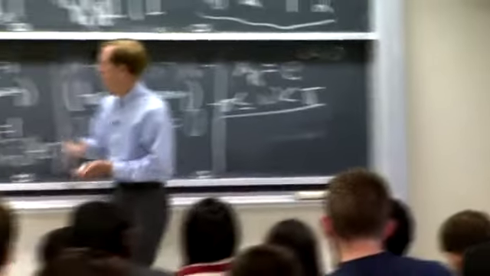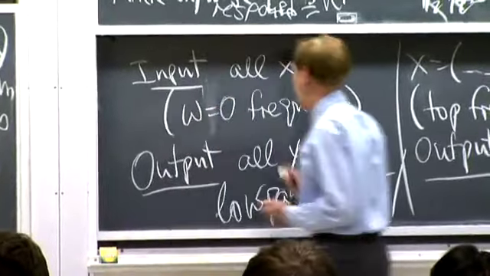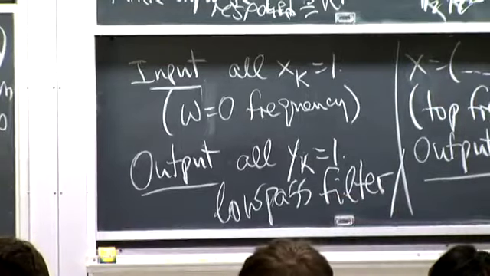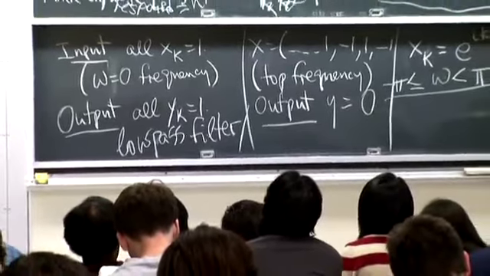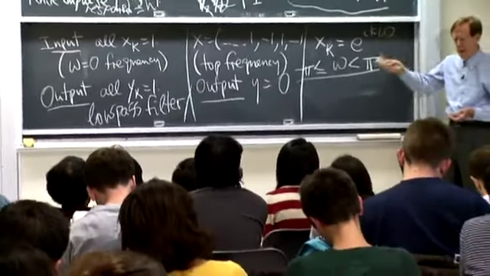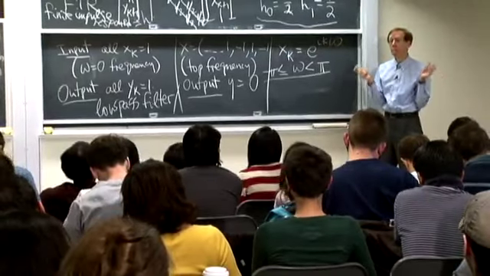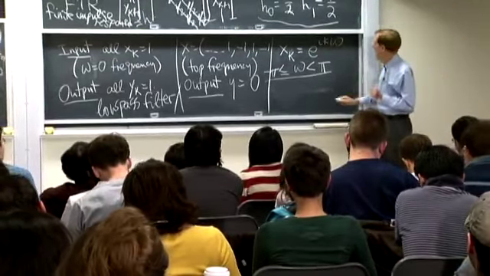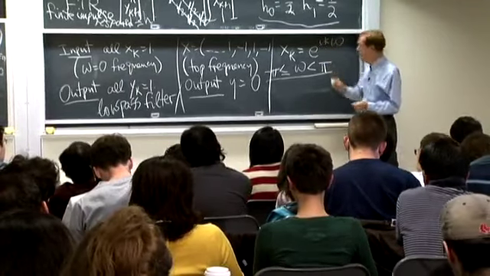This is this case. I now have a letter for it: omega equals 0. What's this top frequency? 1, minus 1, 1, minus 1. What omega will give me alternating signs? Omega equal pi, right? Because if this is pi, I have e to the i pi, which is minus 1.